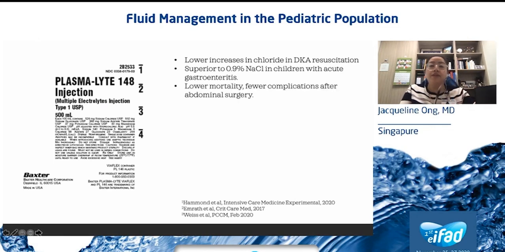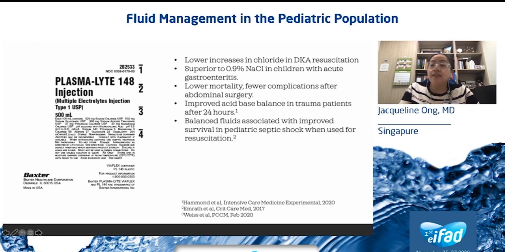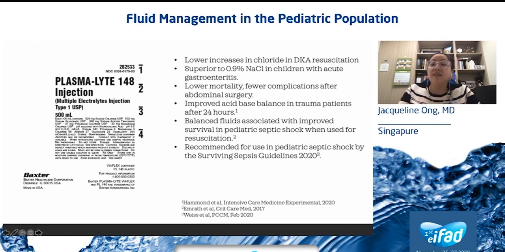In the cohort for abdominal surgery, it seemed to be better with better acid-base balance. And certainly there's some evidence that there's a better outcome with use of balanced fluids in pediatric septic shock. And certainly the most recent iteration actually recommended it for use in pediatric septic shock, although the evidence was still considered to be weak, but it has certainly emerged in present day guidelines.